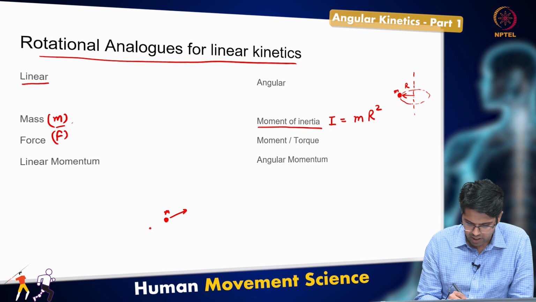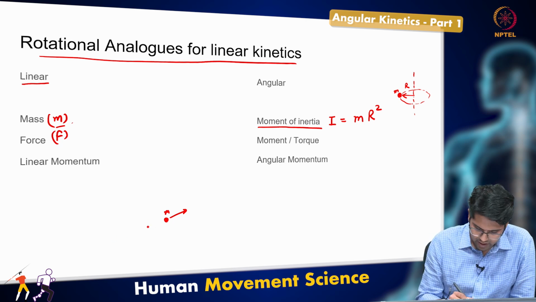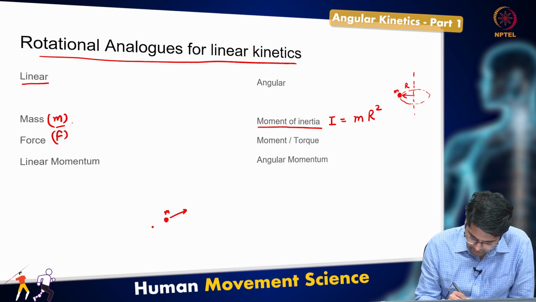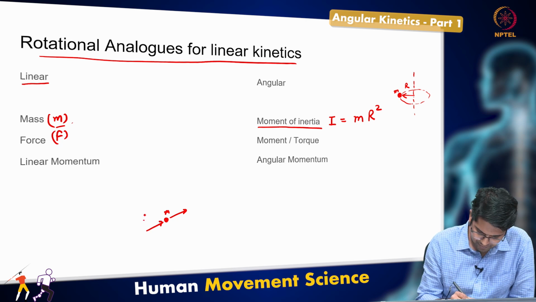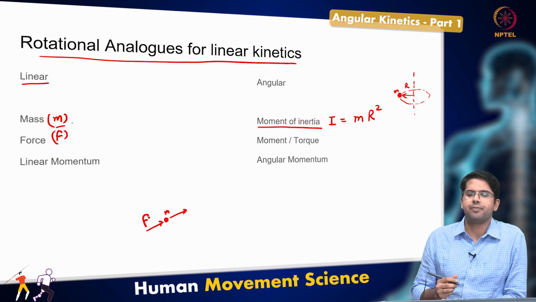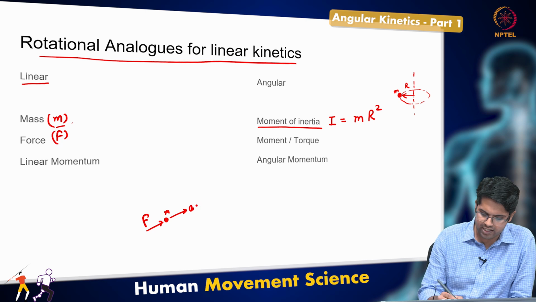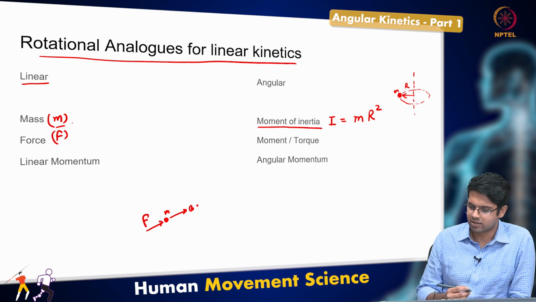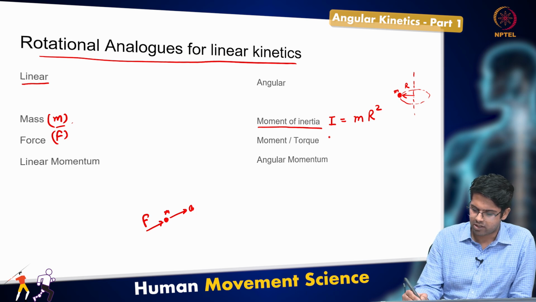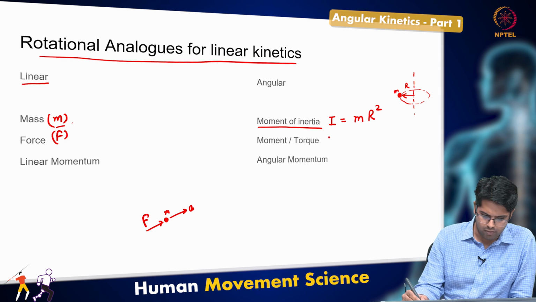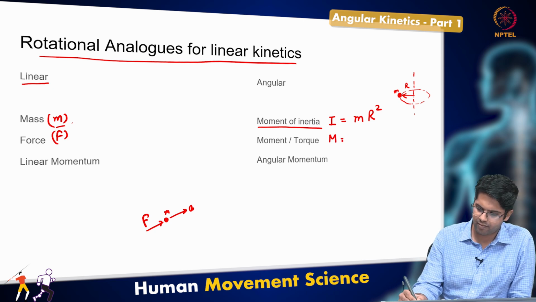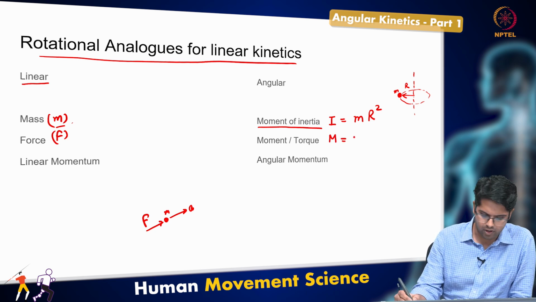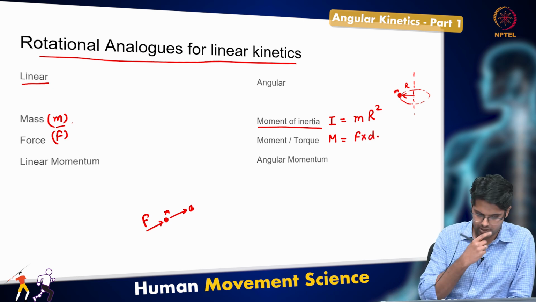I have this mass, I apply an external force on it, and it starts moving with an acceleration a, or at an instance it has an acceleration. Same way we have moment, or torque, which is force times the distance.